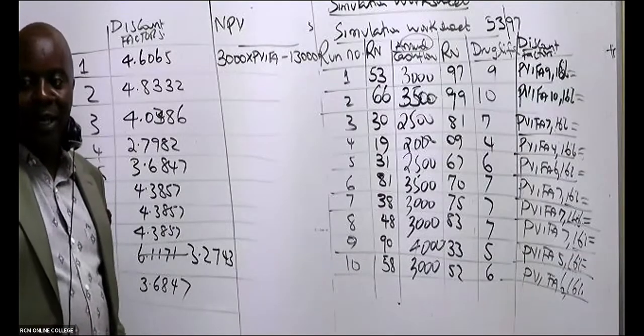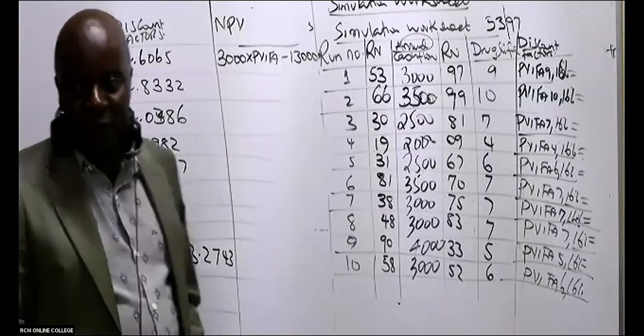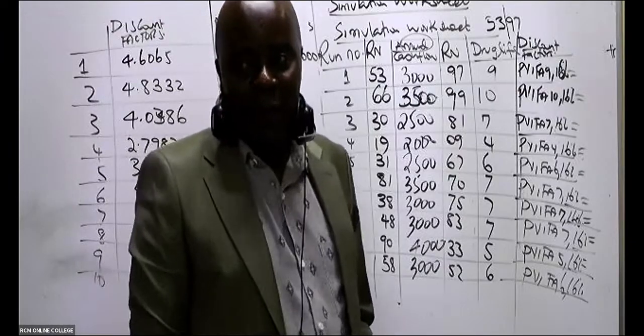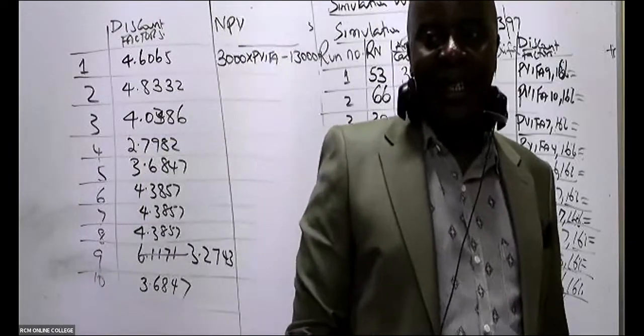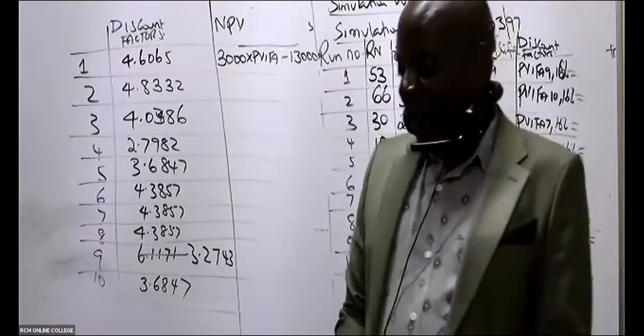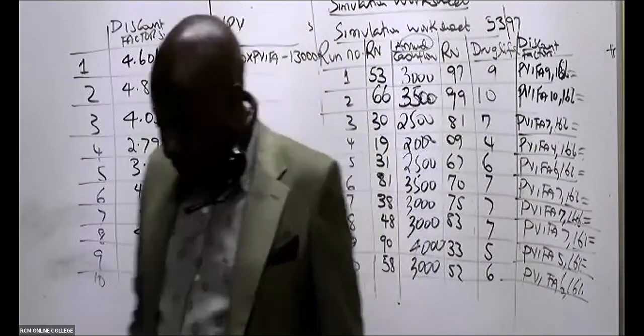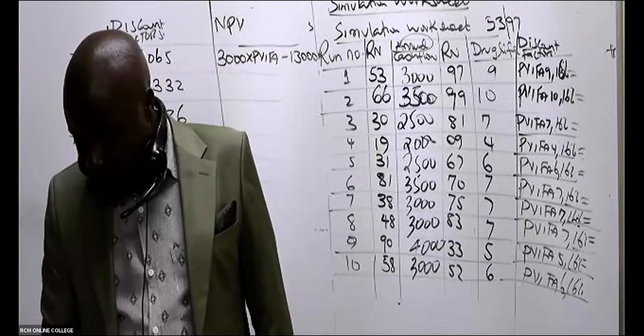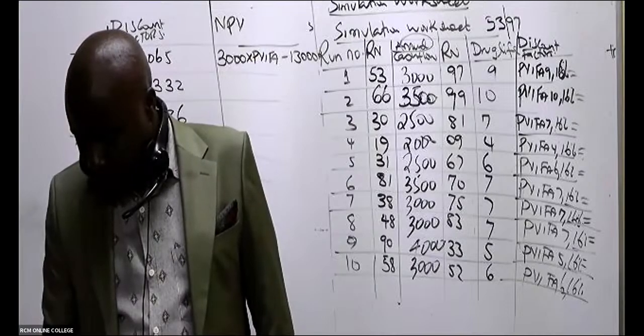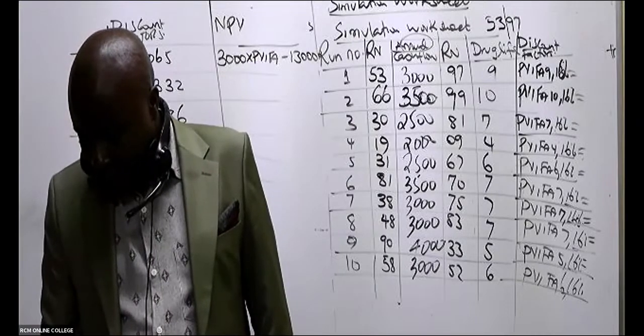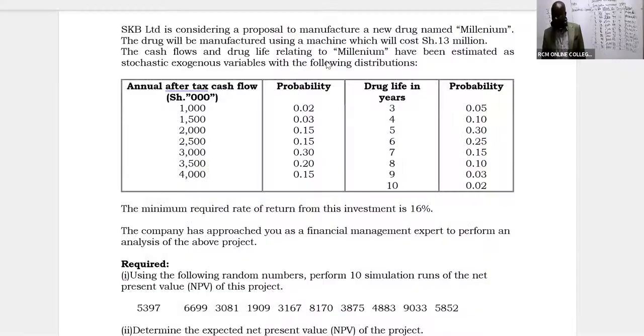But you remember your cash flows are in shillings thousands. If you look at the question, your cash flows are in shillings thousands. So meaning that even this initial outlay, you must chop 3 zeros.